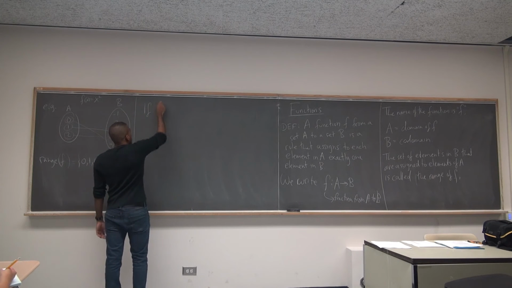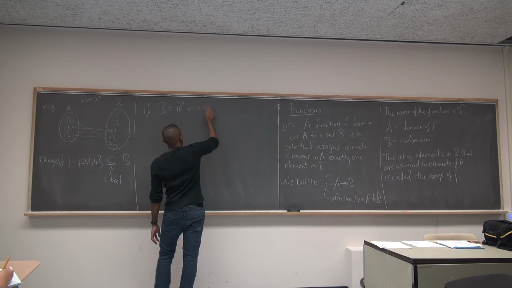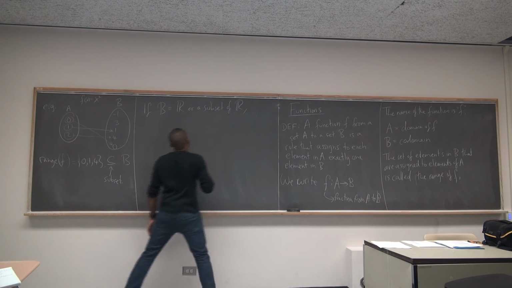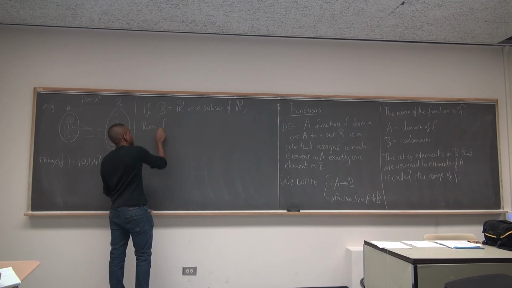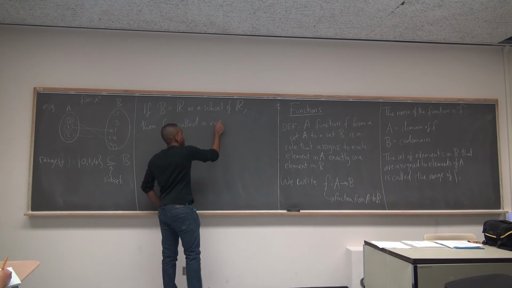So if B equals R, or a subset of R, then f is called a real valued function.